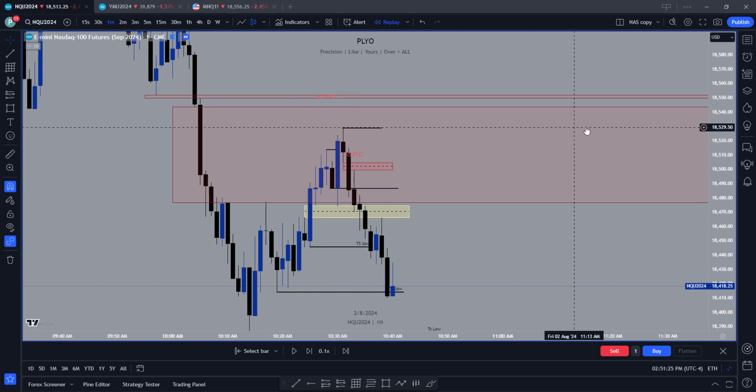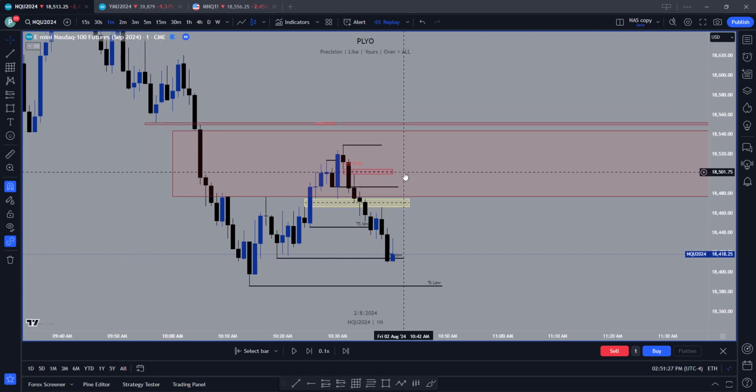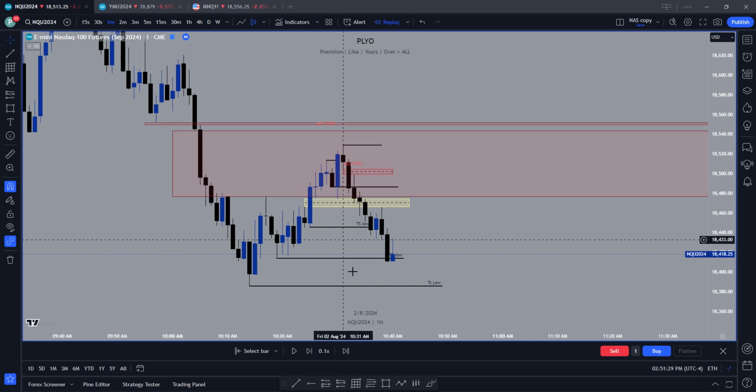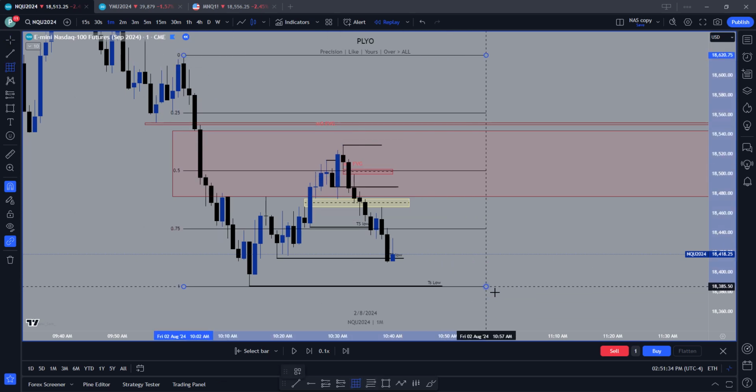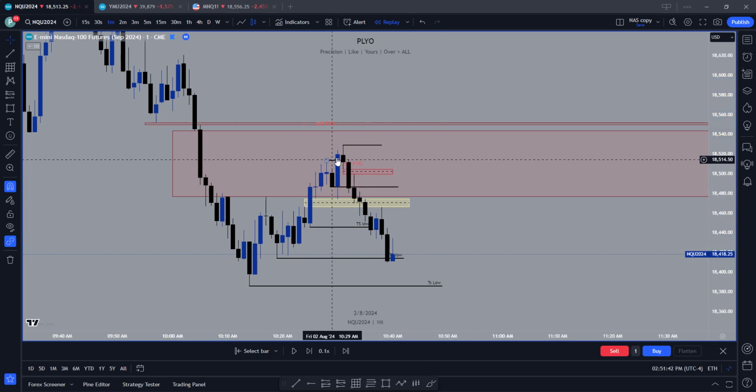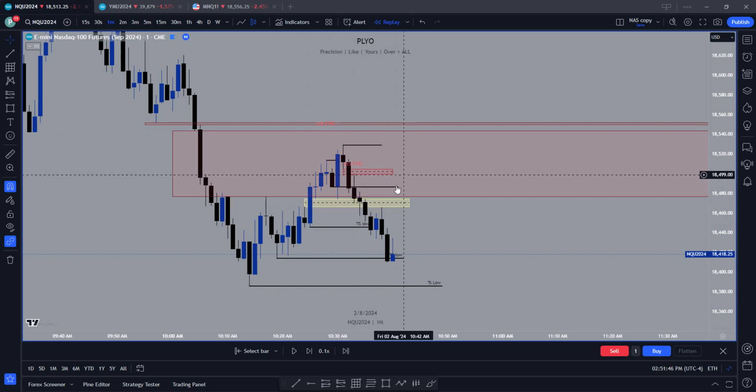Okay? I can tell you right now that just off us being inside of a premium gap, us being into a higher time frame gap, us hitting premium, because we're above 50%, us getting a reversal, a clean manipulation leg down, those are a lot of things being checked off.